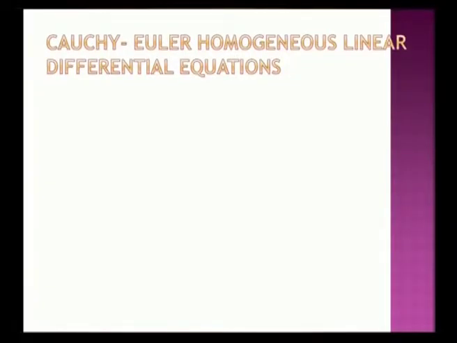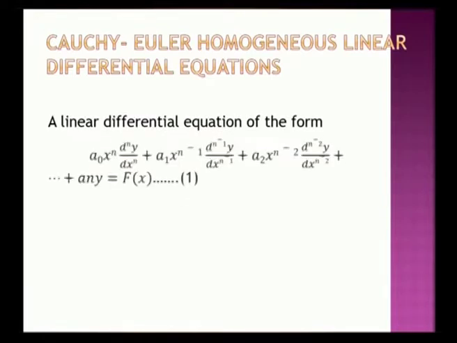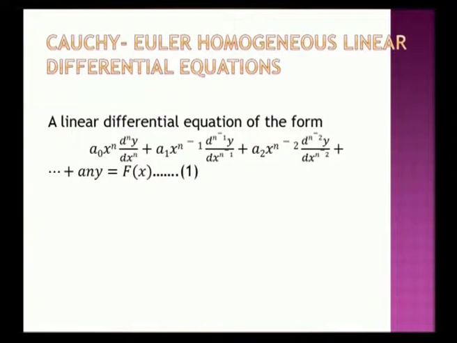Cauchy-Euler homogeneous linear differential equations. A linear differential equation of the form a0 x^n d^n y/dx^n + a1 x^(n-1) d^(n-1) y/dx^(n-1) + a2 x^(n-2) d^(n-2) y/dx^(n-2) + etc. + an y = f(x) is a linear equation.